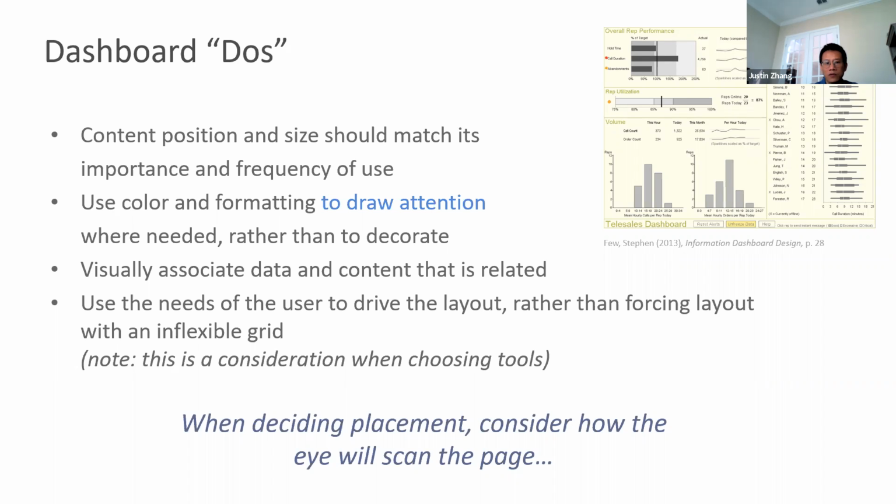And use the needs of the user to drive the layout rather than forcing layout with an inflexible grid. So we need to consider how we actually scan the page, when we look at the presentation, look at data visualization.